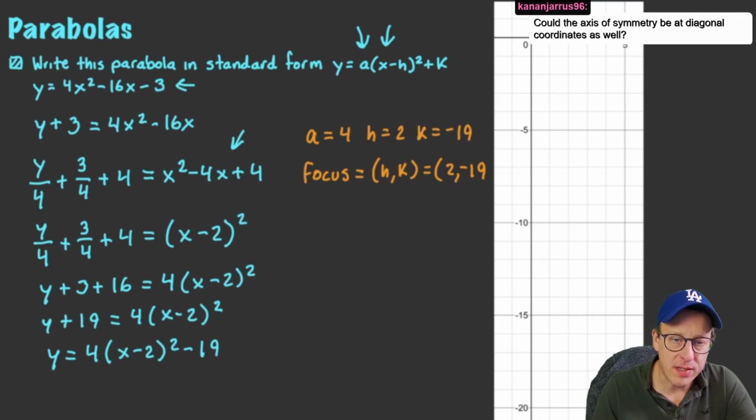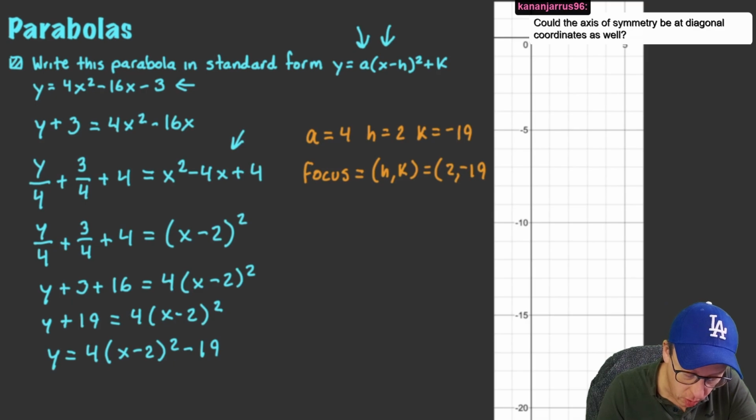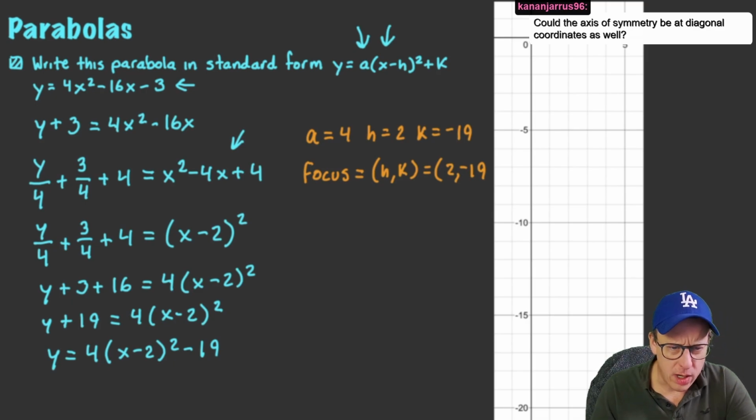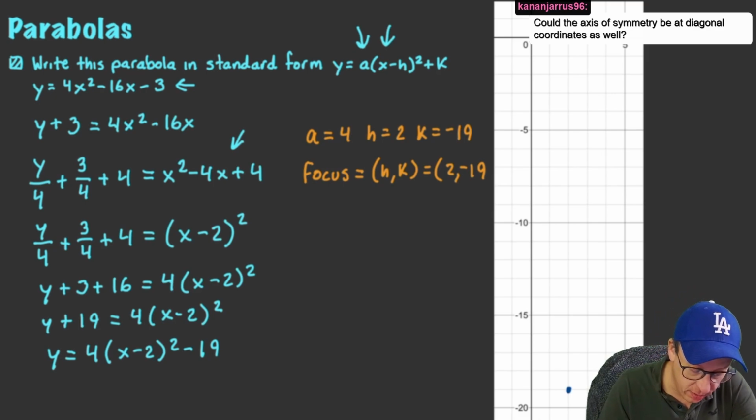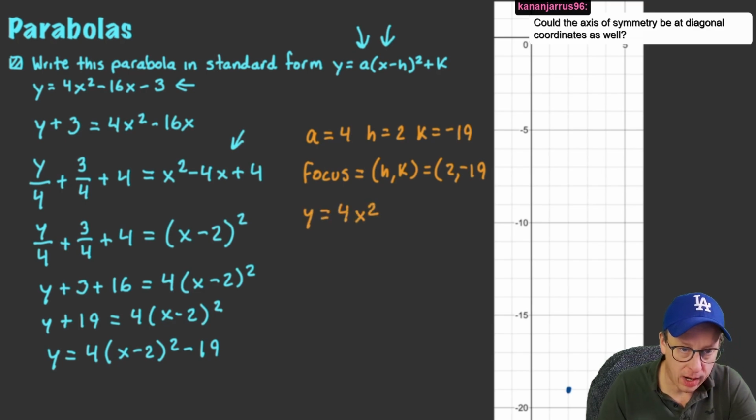I'm just going to put a point at 2 and negative 19, down here. There is our point. Then I am going to graph, in this circumstance, y equals 4x squared.